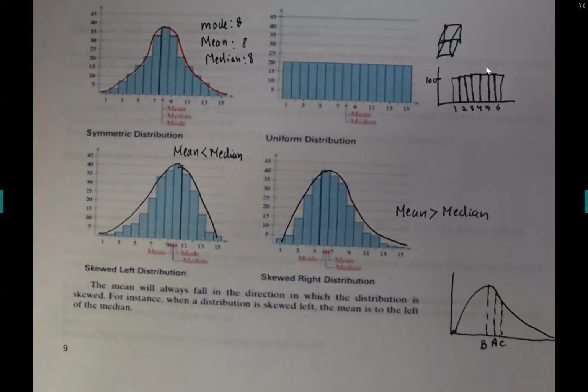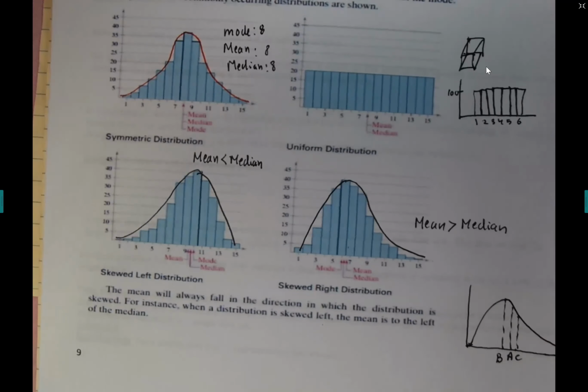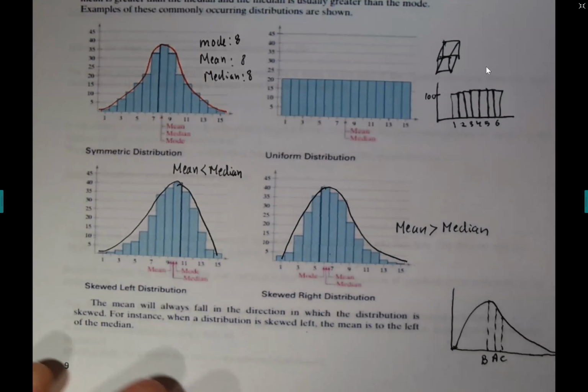Can you guys guess what the question was? Any guesses? Which one is bigger, the mean or the median? Which one is the mean, which one is the median, and which one is the mode?